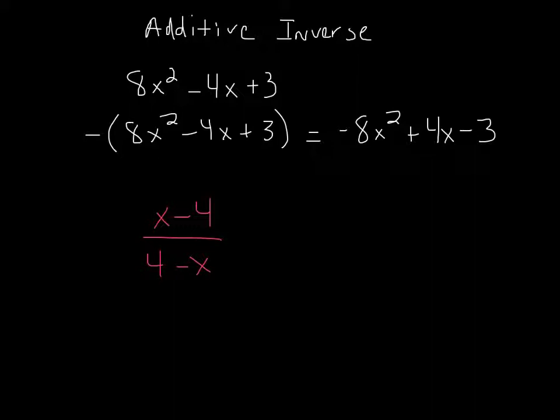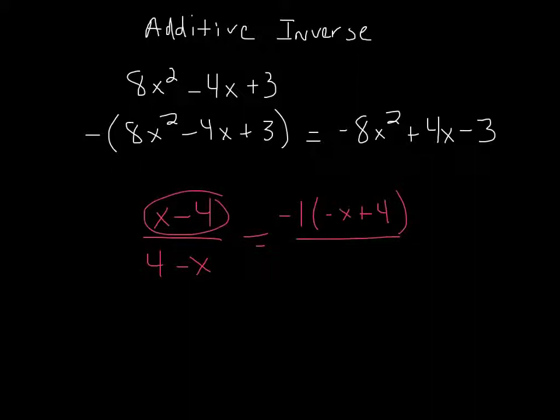In this case, what if I took the top one, the numerator, and pulled out negative 1? If I pull out negative 1, it's going to switch the signs of everything, so this becomes negative 1 times negative x plus 4. By pulling out that negative 1, it switched the signs of both of them.